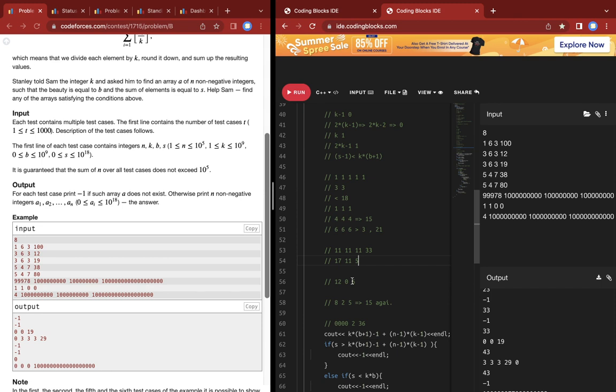It's again 33, right? So there is no change if we redistribute it. So basically the distribution does not matter, the way you distribute it. And that is pretty much it.